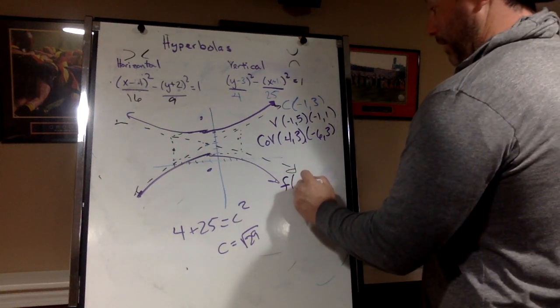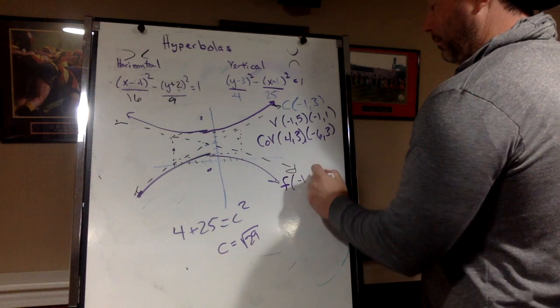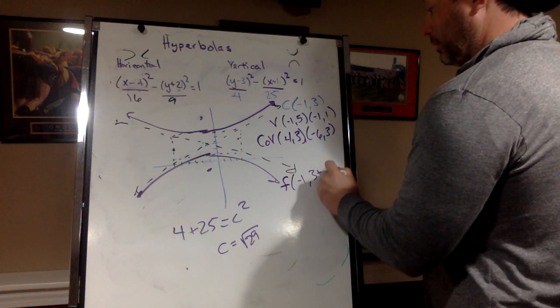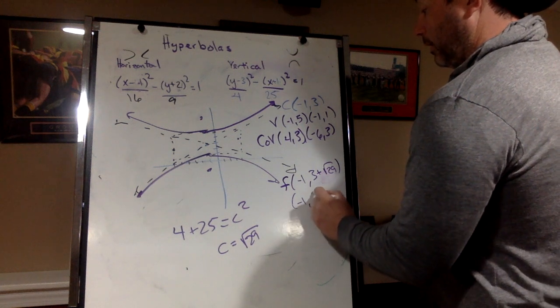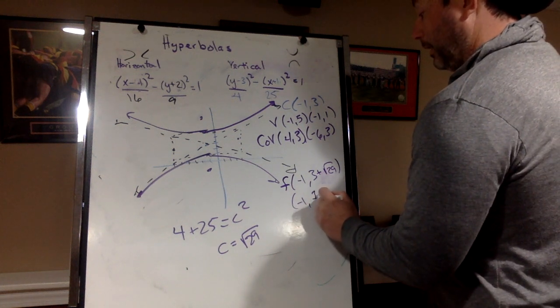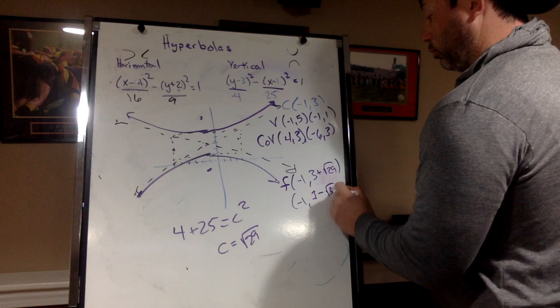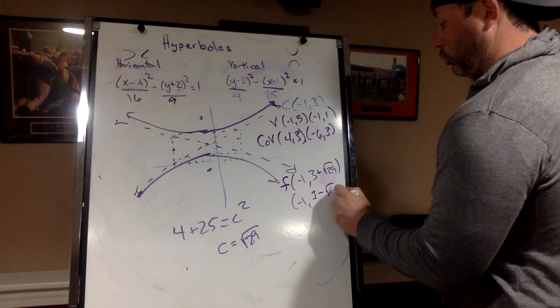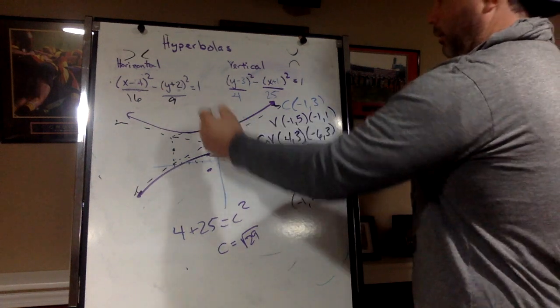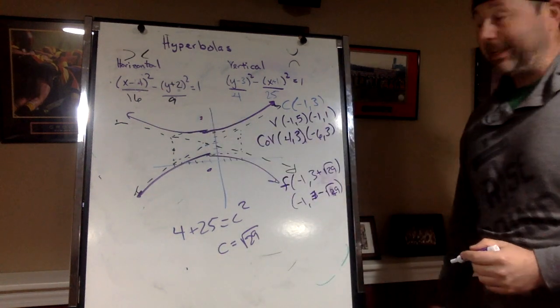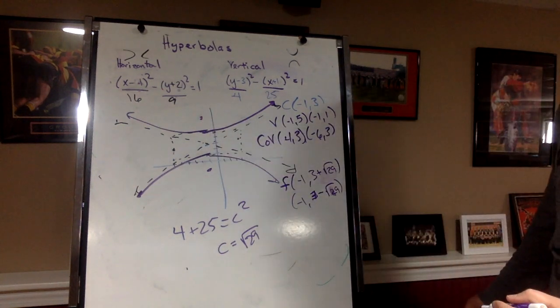So from my center, my x stays the same. But I'm going to go 3 plus root 29, and I'm going to go negative 1. This time I'm going down. So 3 minus root 29. I don't want to do it as a decimal. It's messy. We just know they're out here somewhere. And that's more exact. Okay, mathematicians, we love exact answers.